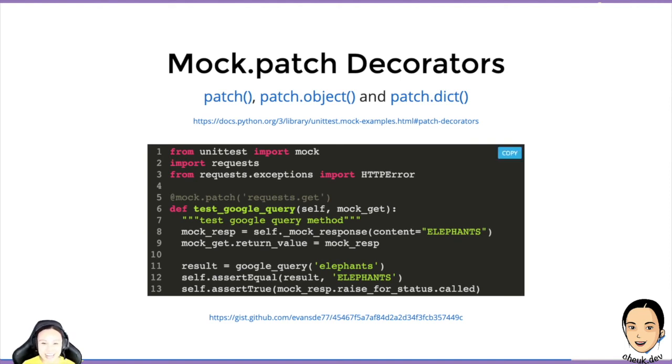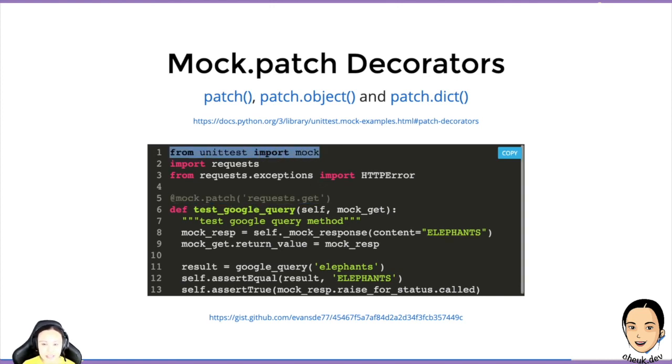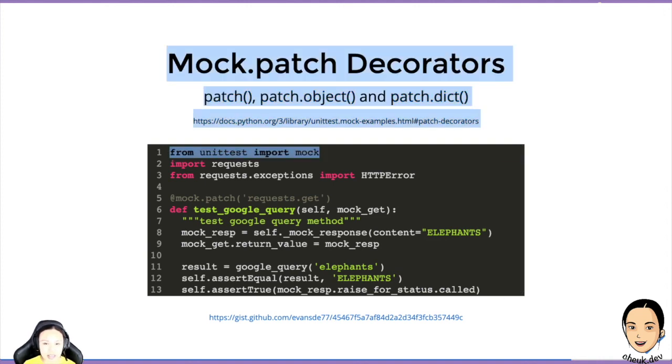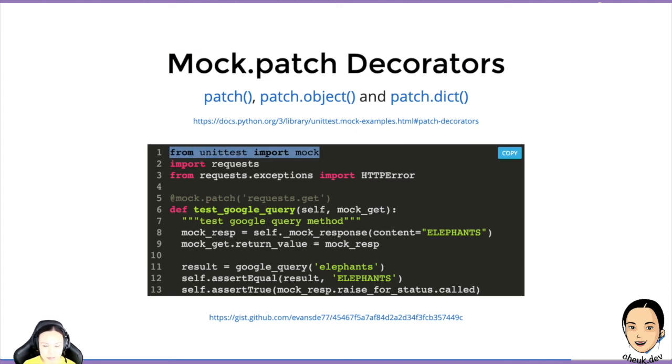So this is patching requests.get. It's a decorator, you just use it as mock.patch. When you import it, I think it's a good way to do from unittest import mock. This is how I like to do it. A lot of people do it this way as well, but you can of course do from unittest.mock import patch, and then you would just have patch here.